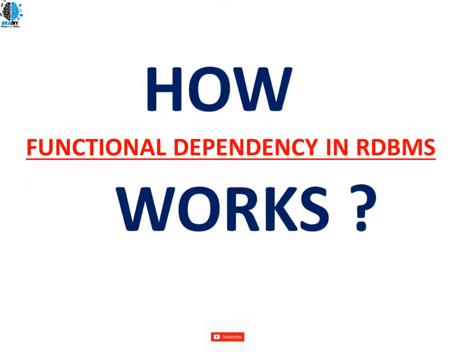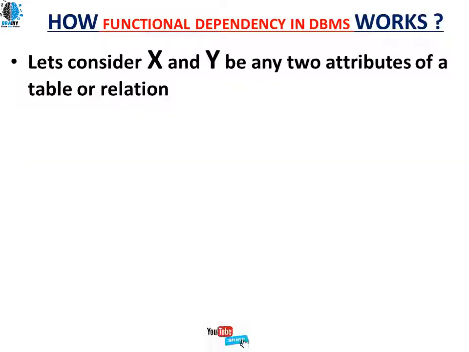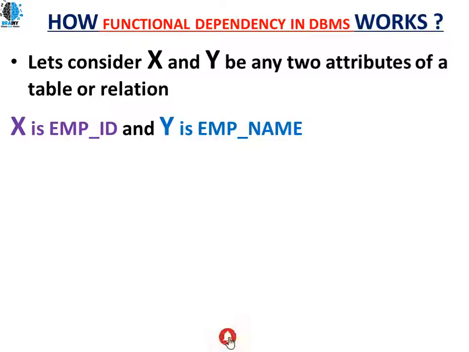Now let's see how these functional dependencies work. Let's consider the same x and y as any two attributes of a table or relation. So x is an employee ID and y is an employee name.